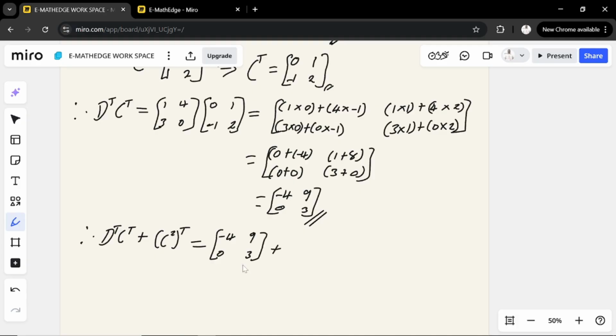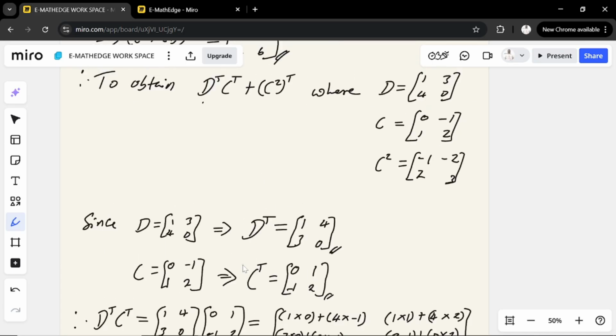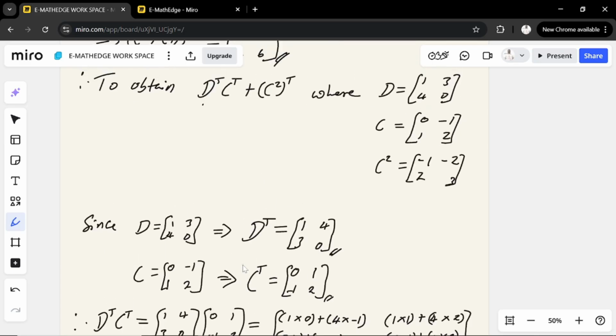Now, adding up to C transpose, mind you, we have C square already, which has the elements -1, -2, 2, and 3. So let's quickly obtain this transpose of the C square so that we can use it there.